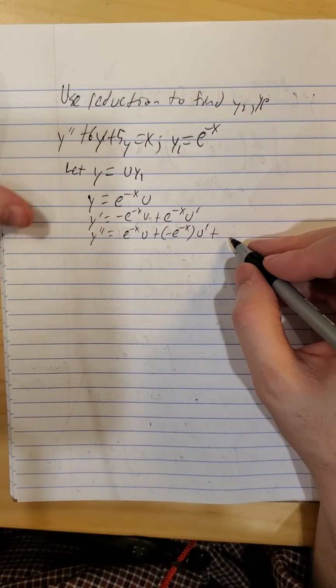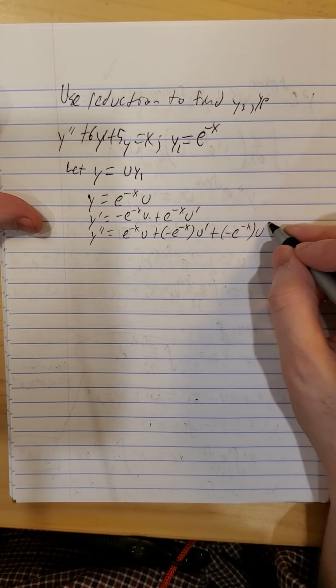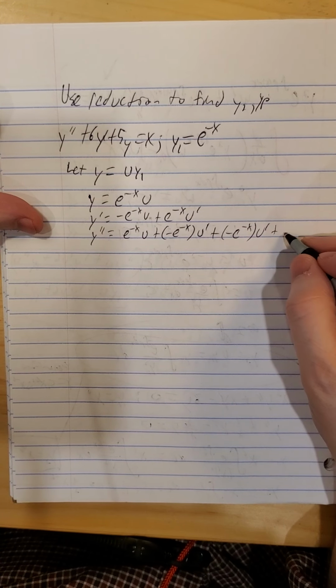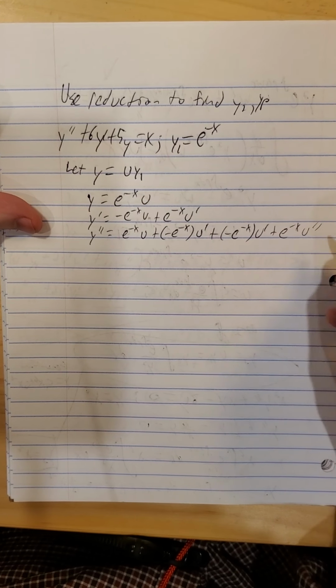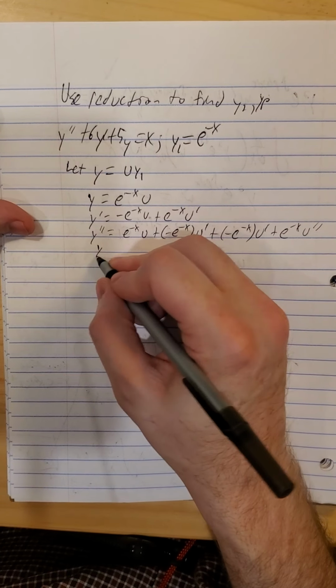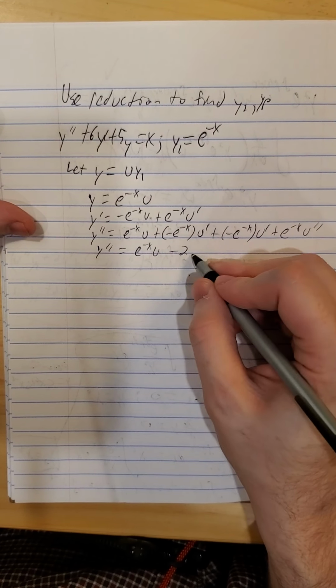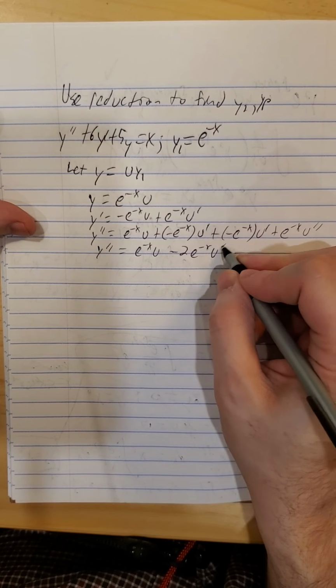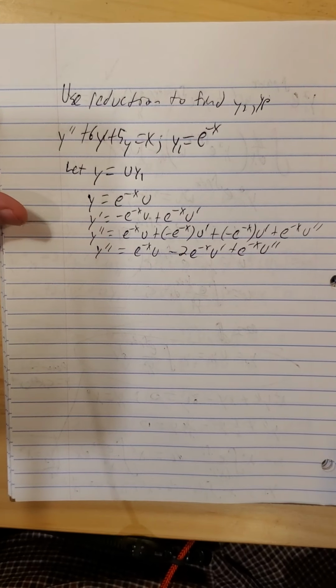Then we move on to the product rule for the next guy. Minus e to the minus x, hang on to your u prime. Then keep your e to the minus x and differentiate u prime, that's u double prime. So y double prime is e to the minus x u, minus 2 e to the minus x u prime, plus e to the minus x u double prime.